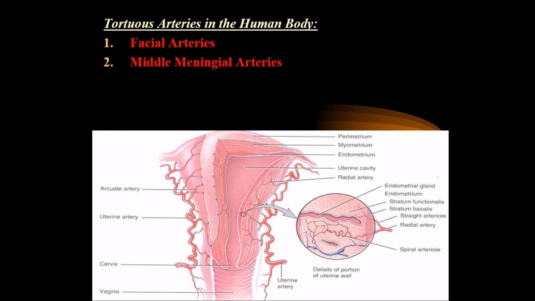The second important tortuous artery is the middle meningeal artery. The third is the occipital artery. The fourth is the splenic artery, and the last but not the least is the uterine artery. So these are five important arteries which will be tortuous in the body: the facial artery, the middle meningeal artery, the occipital artery, the splenic artery, and the uterine artery.